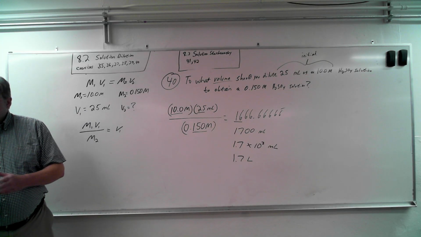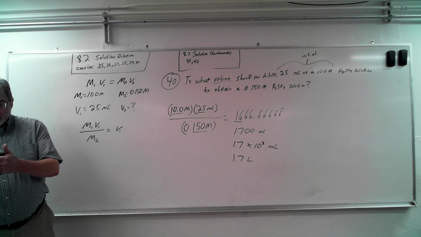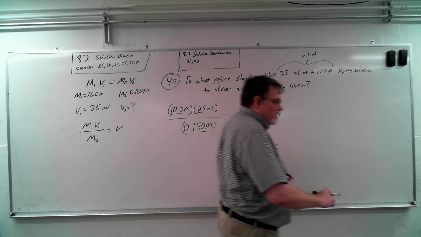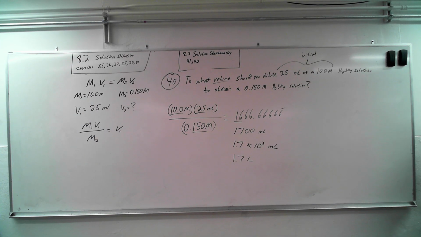You guys okay with that? M1V1 equals M2V2. Other thing, solution stoichiometry. This is like the reaction that we were doing before, where you'd be given grams, and you'd use grams per mole, and then you would use the molar ratio and then grams per mole for the other thing.